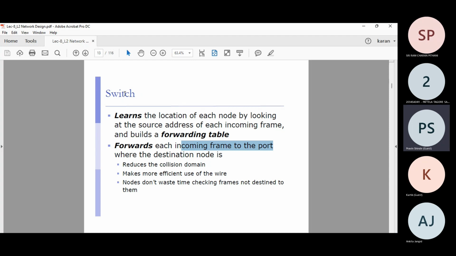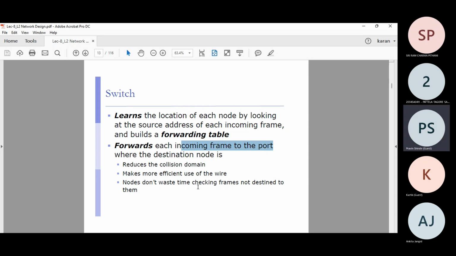Okay, after the hub we learn about the switch. A switch learns the location of each node by looking at the source address of each incoming frame, and that builds a forwarding table. It forwards each incoming frame to the port where the destination node is, reduces the collision domain, and makes more efficient use of the wire.